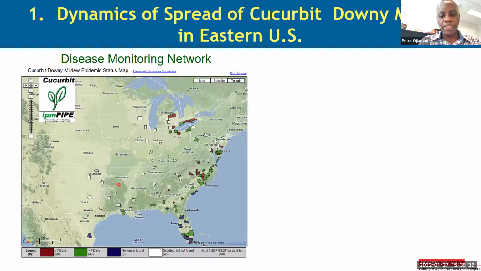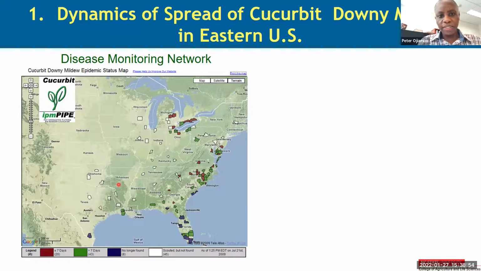So this is an automated system where we allow our collaborators, whenever they have a positive ID of CDM, they go to the website, they report it, and the map automatically populates. So we have been doing this since 2008, and most of the things that I'm going to be talking about is for data generated during that particular period of time.